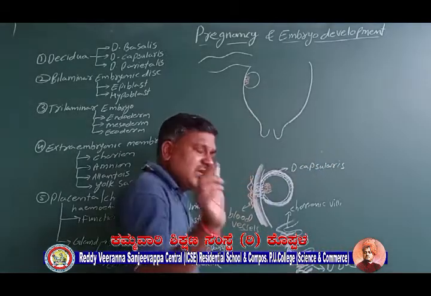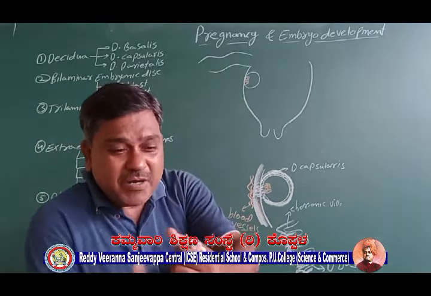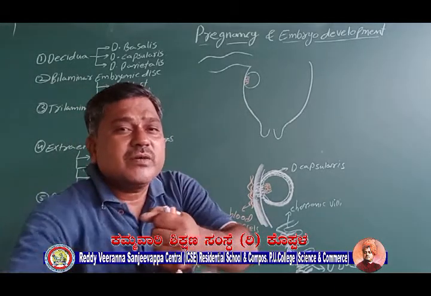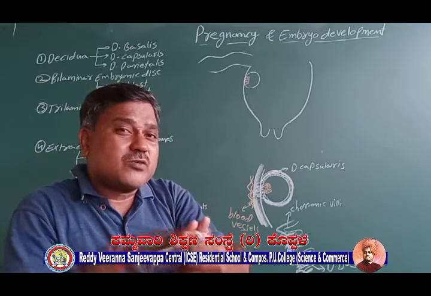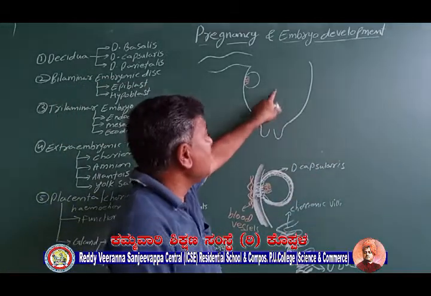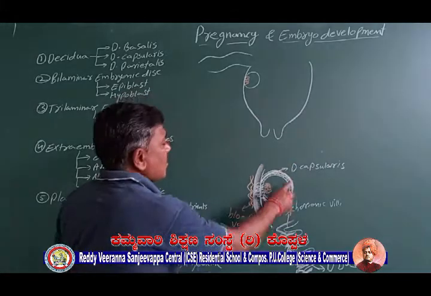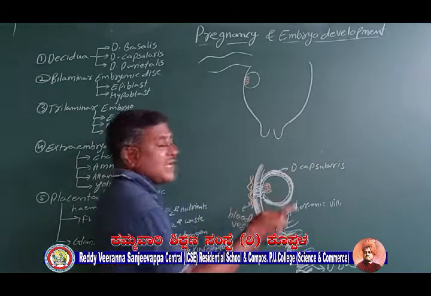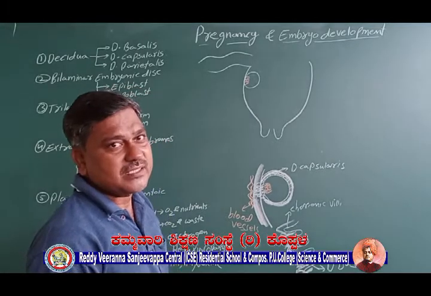In the word itself there is a meaning. This is the blastocyst. Around this, whatever endometrium is developed, which separates this blastocyst from the lumen or the free cavity of the uterus, is called decidua capsularis.